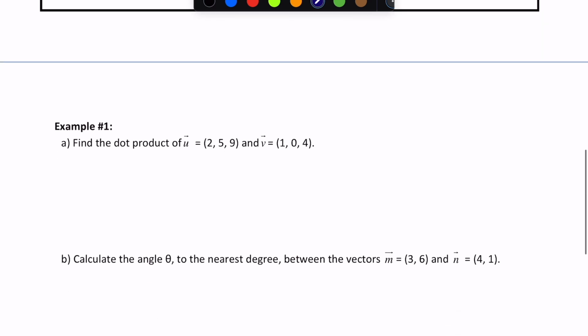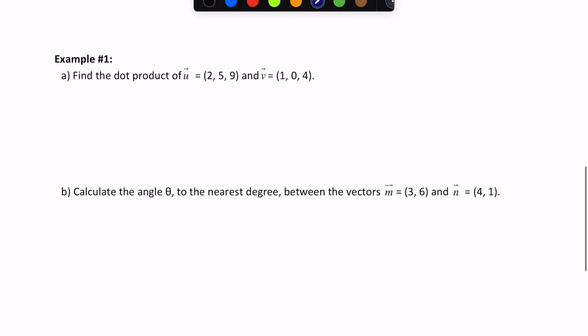Okay, so let's look at the examples here. It says find the dot product of vector u is equal to 2, 5, 9, and vector v is equal to 1, 0, and 4. Okay, so here, if we write it in component form, vector u is equal to 2, 5, and 9, and vector v is equal to 1, 0, and 4.